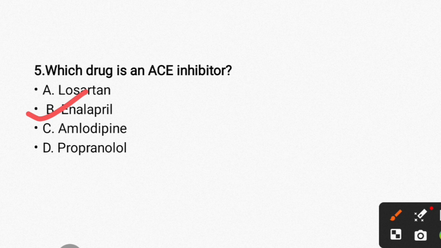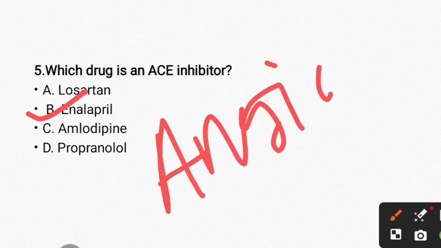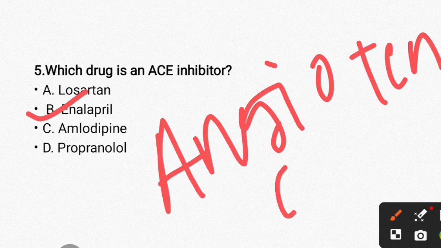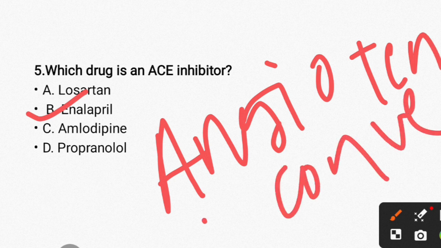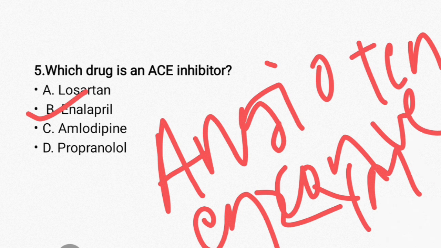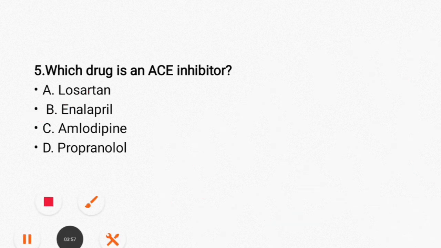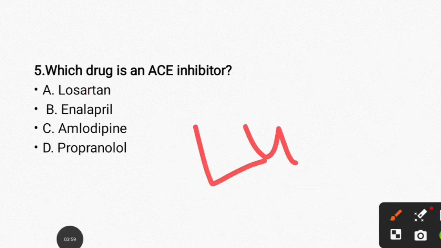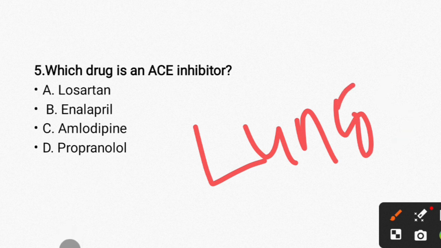Here option B is the right answer. ACE means angiotensin converting enzyme, and this enzyme is secreted from the lungs, you have to remember.